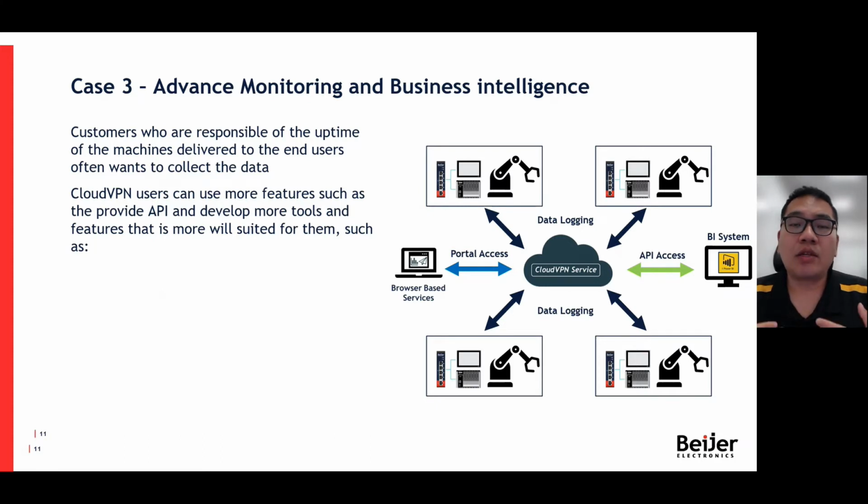So they're using the Cloud VPN API. What the API does is give you a well-written method to access the data and information in the Cloud VPN portal securely, and then have that displayed or imported into a third-party system.